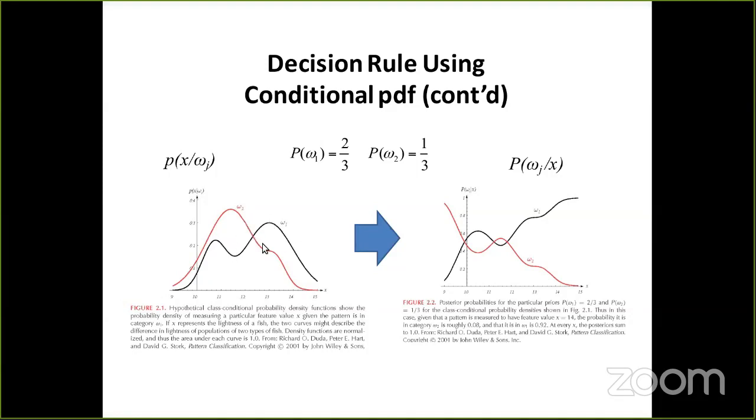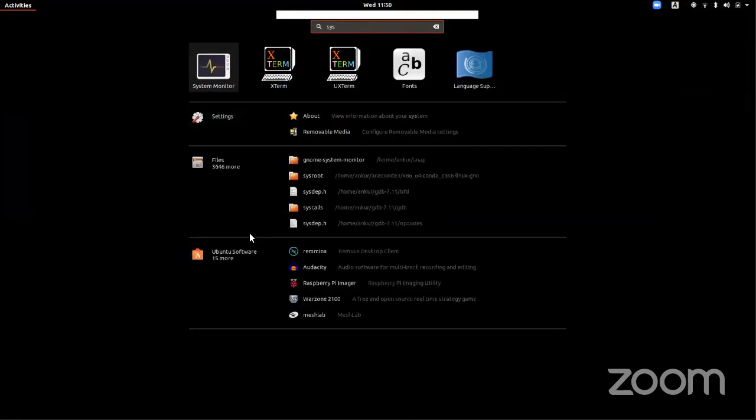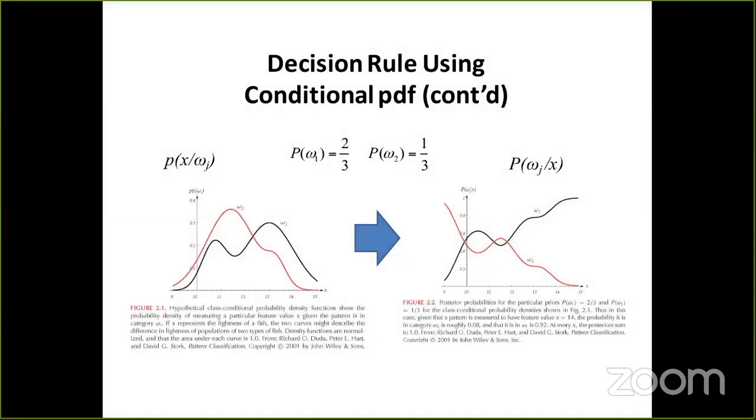And similarly, we get a red curve. Hello? Can we pause for a bit? Yeah, sure. Are you on speaker or on headphones? I'm on headphones. Yeah, there is some humming sound that a couple of students are complaining about. I don't know where it is coming from. Let me check.